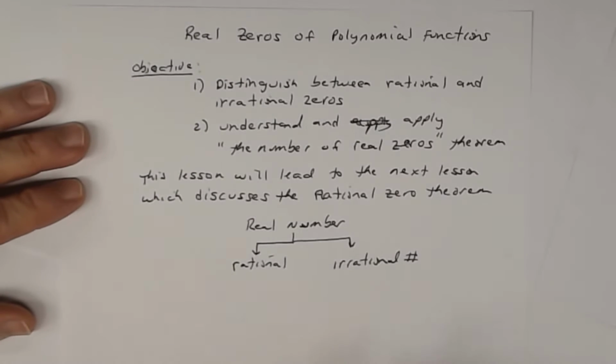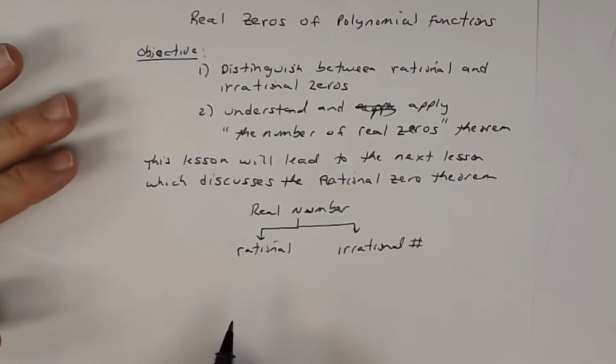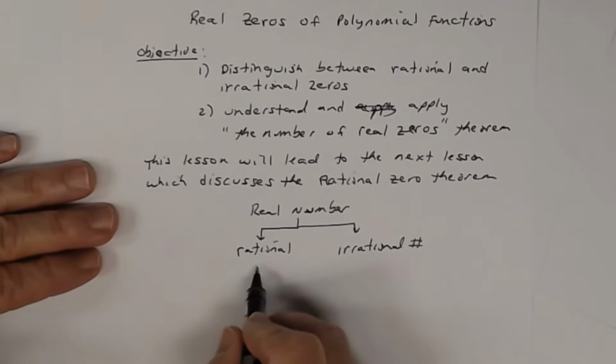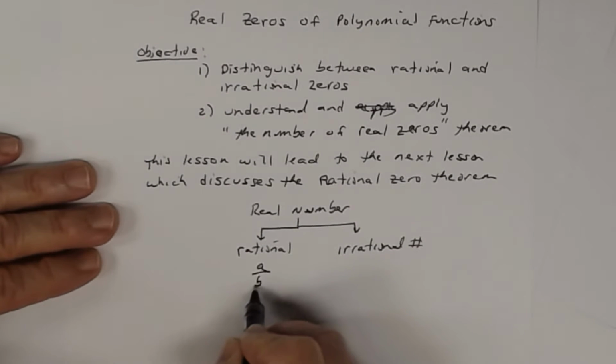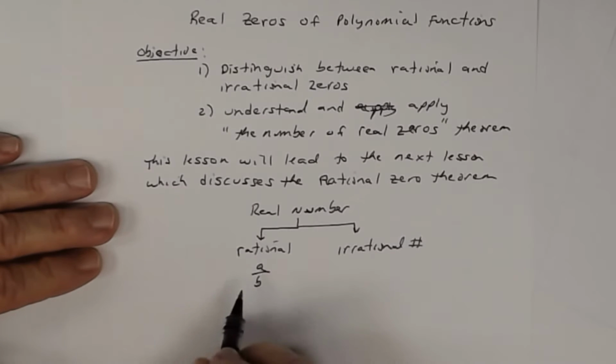A rational number has the form a divided by b, where a and b are integers.